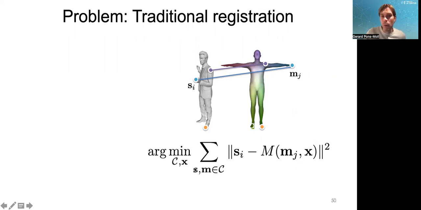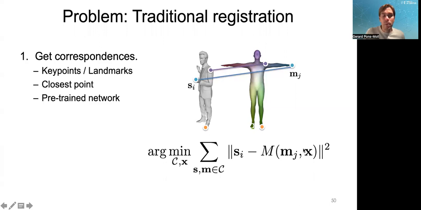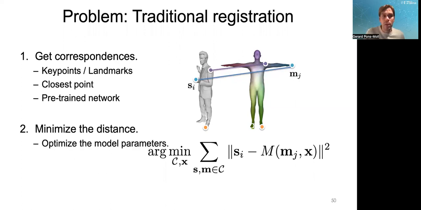We didn't write it this way before, but truly you are optimizing over these correspondences between the scan and the model. In this case, the model is M, and the model parameters. So to get the correspondences, you have to find key points or find closest points or use a pre-trained network.